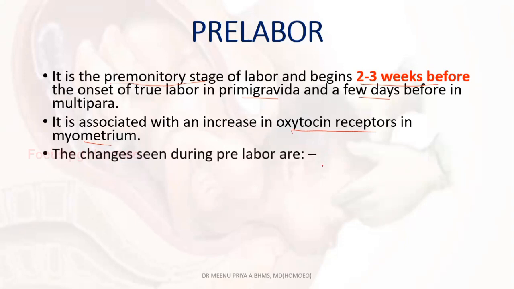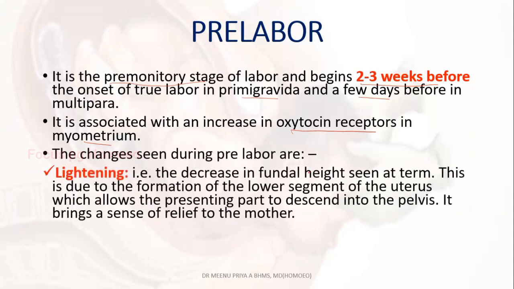The changes seen during pre-labor are, what are the changes which can suggest that the pregnant woman is going into true labor? The premonitory signs are, first, lightening, that is a decrease in the fundal height seen at term.